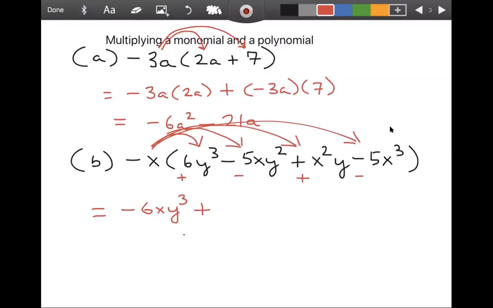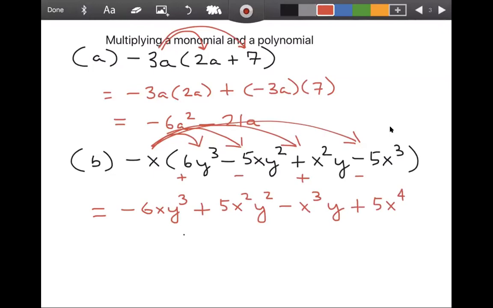So this is going to be 5x squared y squared. Third term is going to be minus, and x times x squared is x cubed. So this term is going to be x minus x cubed y. And then finally, we have negative x times negative 5x to the third, which is positive 5x to the fourth.